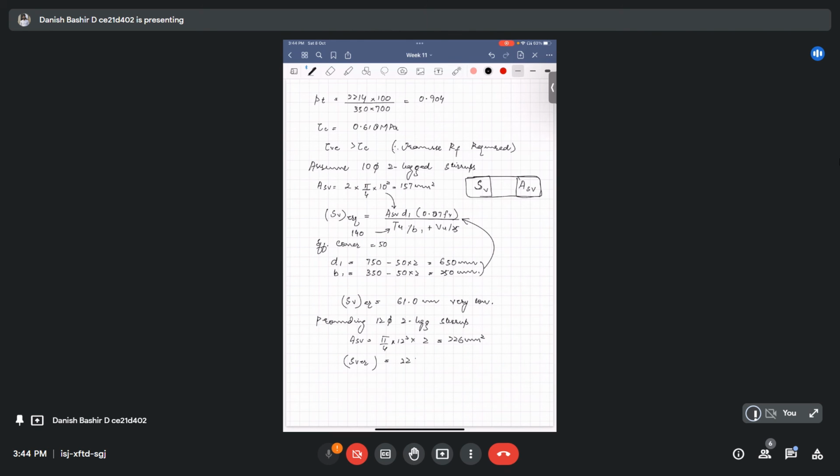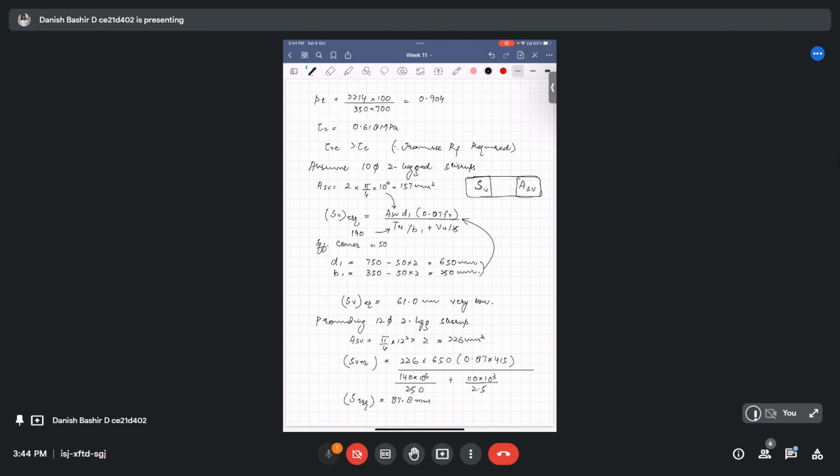ASV is 226 into D1, which is 650, into 0.87 into 415, divided by TU, which is 140 into 10 power 6, divided by B1, 250, plus VU, 110 into 10 power 3, divided by 2.5. When you calculate this value, SV required comes out to be 87.8, a little higher than the earlier one.